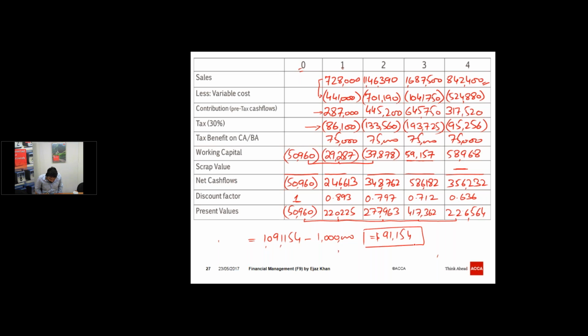I will share the link for asset replacement. You may go through the video, and if you have any questions, you can ask me later on. Okay, so they say ignore working capital recovery in this example. Well, if they say ignore the working capital recovery, then we will not show any positive figure at the end of the project. That's it.